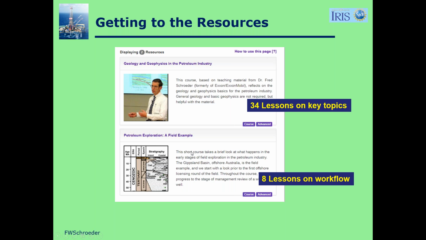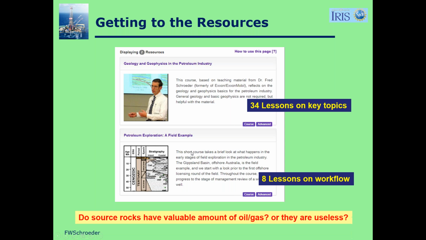So hopefully that's helpful. There was one question that was asked just as we were signing off on Tuesday. The question: do source rocks have valuable amounts of oil and gas, or are they useless? They certainly are not useless. We do have to talk about conventional fields, which are the things that the industry's been looking for over 100 years, and resource plays or unconventional fields, where we are trying to get oil and gas out of very tight, low porosity, low permeability rocks.